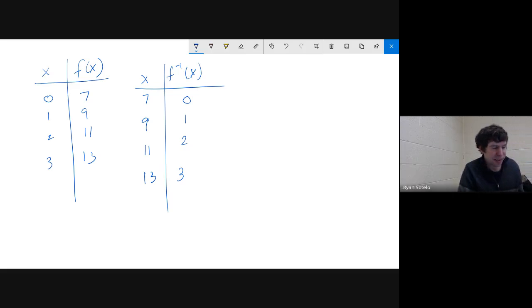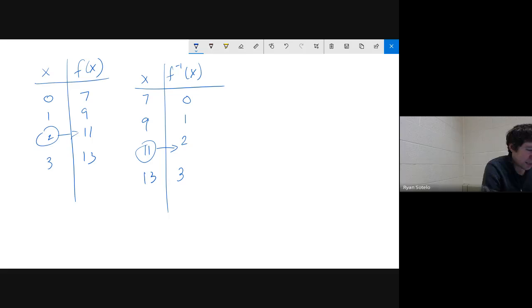It has to be because if you have 2 and it goes through the function, that gives us 11. Well, then the inverse function needs to take 11 and turn it back into 2. It needs to undo what the other one did. So you know from a table some of what the inverse function needs to look like.